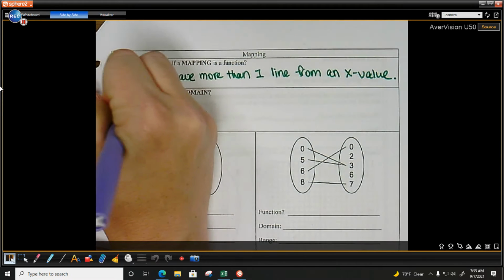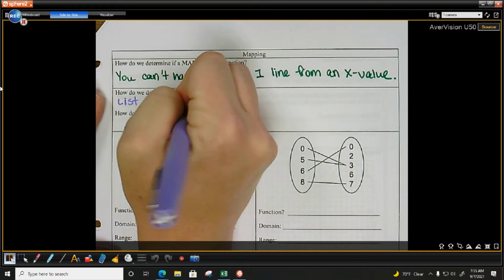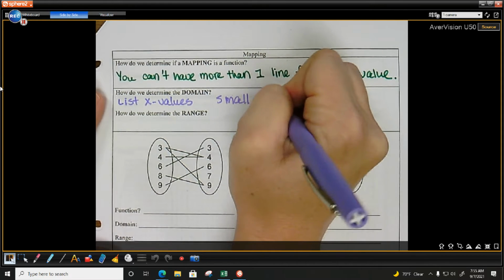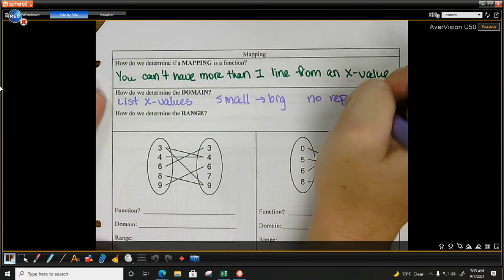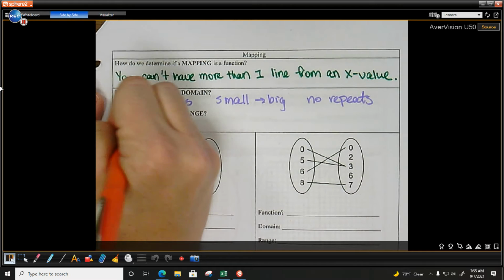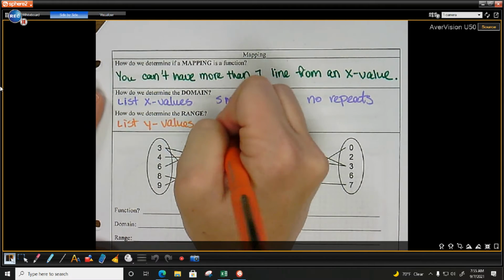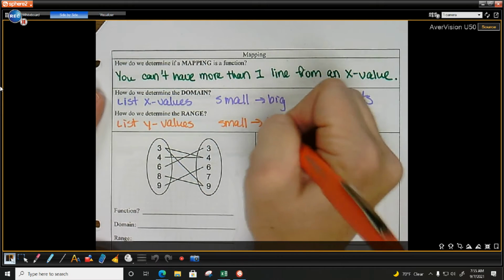You list the x values, small to big, with no repeats. And you do the range the same. You list the y values, small to big, no repeat.